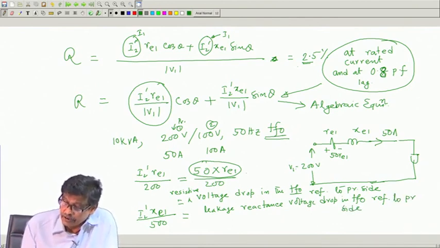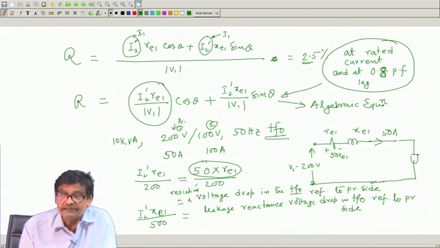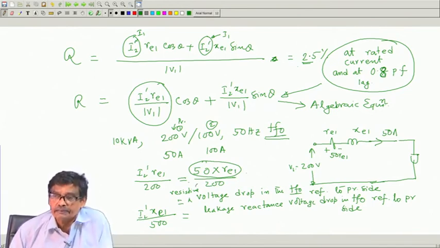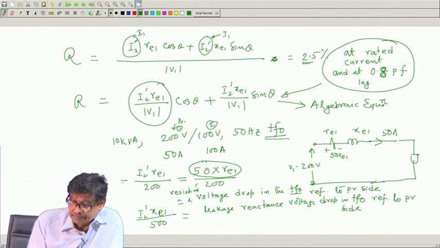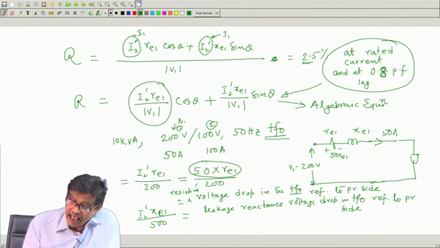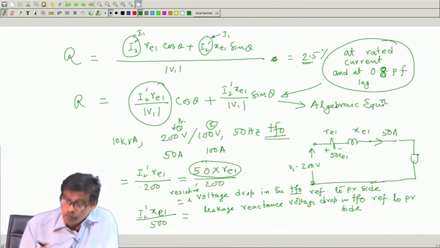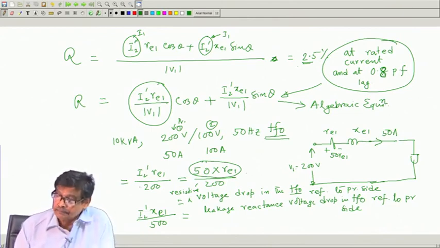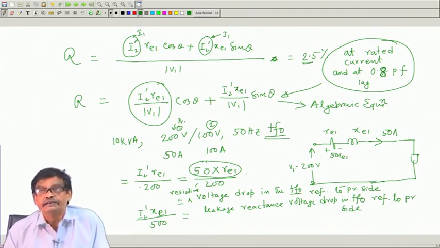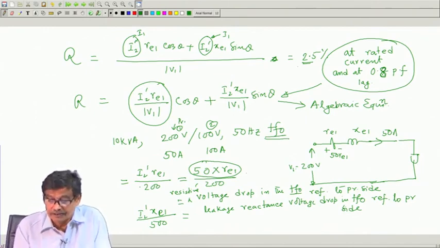And what is the denominator? The denominator is the rated voltage of the primary side. So, this ratio is actually how much of this total rated voltage is consumed by the resistance of the transformer.